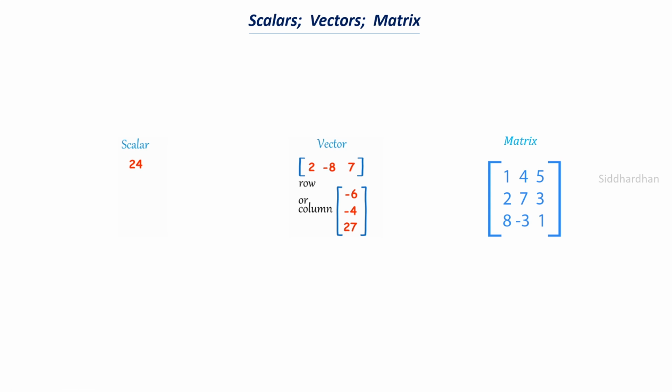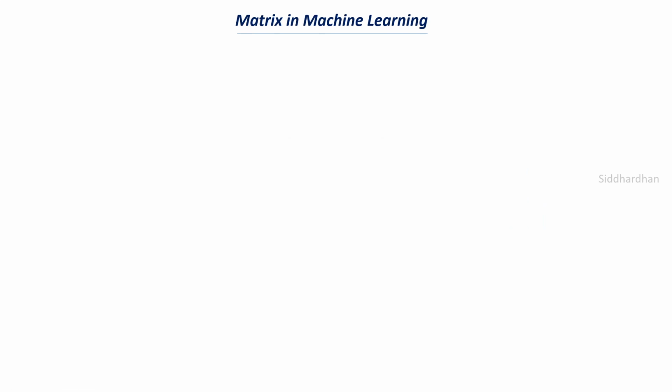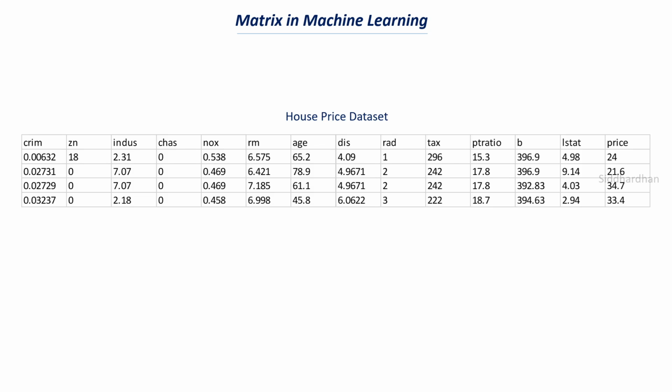I'll give you another quick introduction on where we use matrices in machine learning before going into the matrix operations. In machine learning, everything is about data. We feed a data set to our machine learning model, and the model can find the pattern in this data set. This pattern will be used by the model to make future predictions and other analysis. Consider this example of house price data.